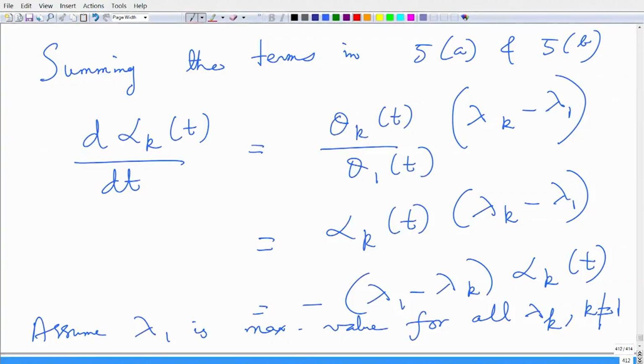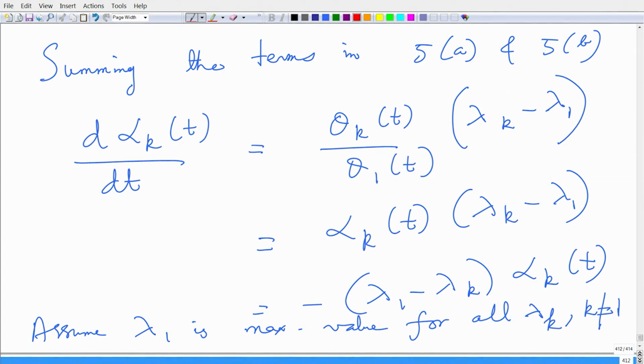That means I take this function theta as a function of t for the first eigen component, which is q1, and I want to scale that relative to any other k which is not equal to 1. That is what the idea is, and would it head to 0 or is it non-zero? This is what I want to infer from this study, and that is the reason why I am doing all this. Now theta k upon theta 1 is alpha k, and I can write this as lambda k minus lambda 1.